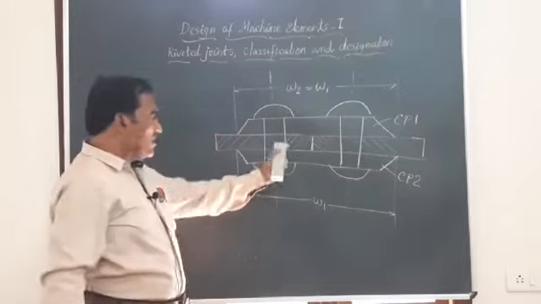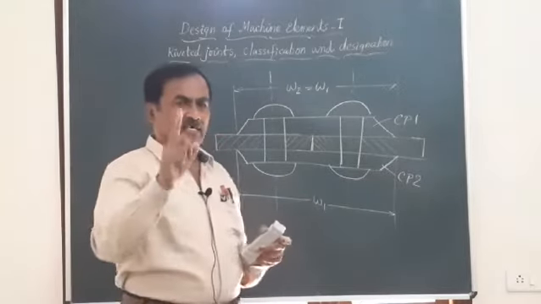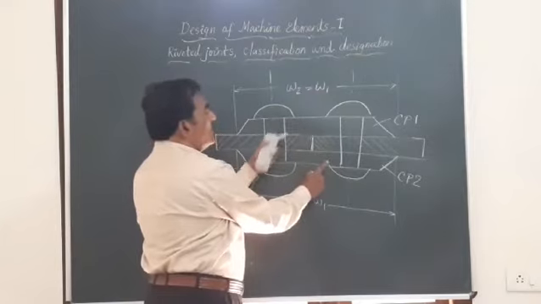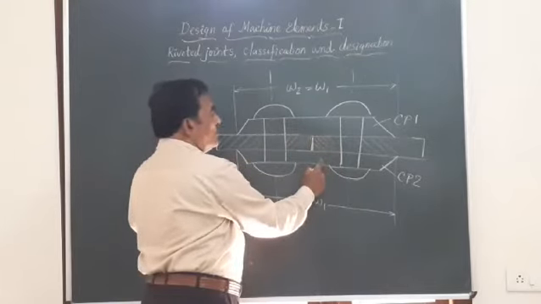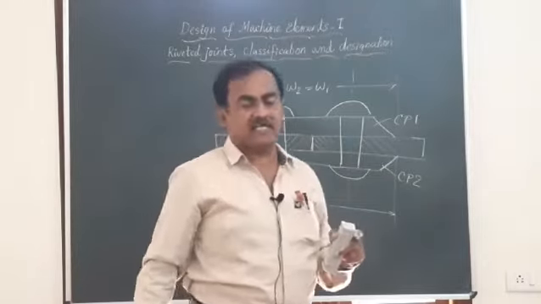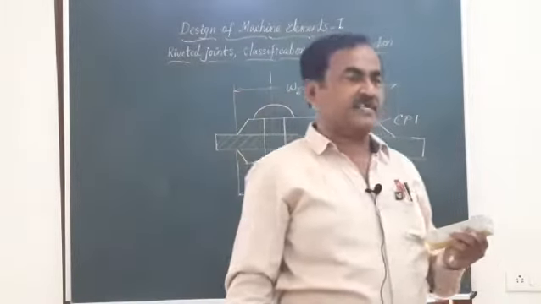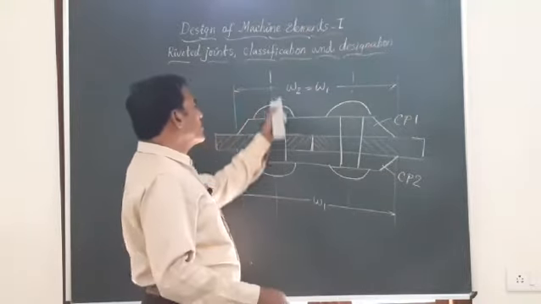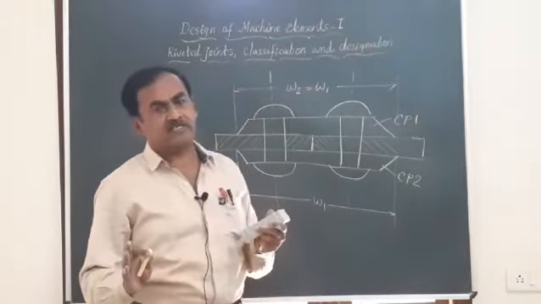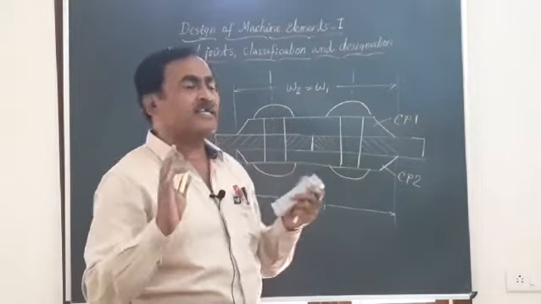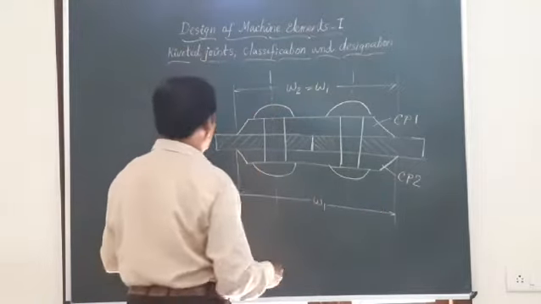So we can call this joint a butt joint with two cover plates, cover plate 1 and cover plate 2, having the same width. So this is another important type of butt joint. Friends, again for the purpose of explanation, I have shown only one row of rivets. It could be 2 rows, 3 rows, etc., depending on the load the joint has to take.